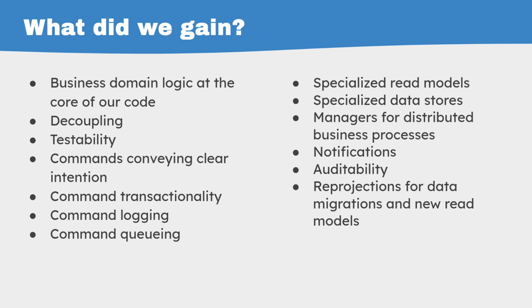We have specialized read models that we could add using specialized data stores optimized for the task at hand. We have process managers for distributed business processes. We could easily add in notifications in our architecture. We have auditability, and we could reproject our data for migrations and for new read models.